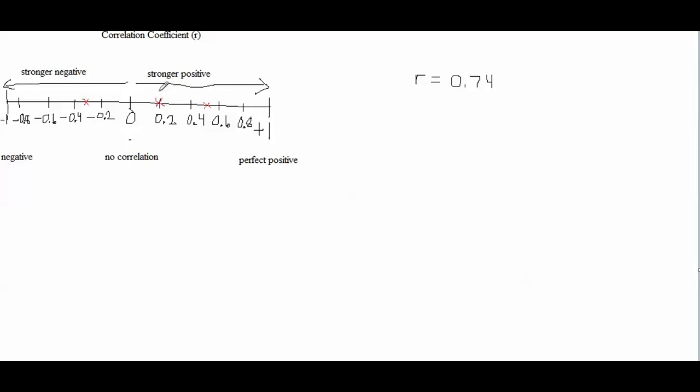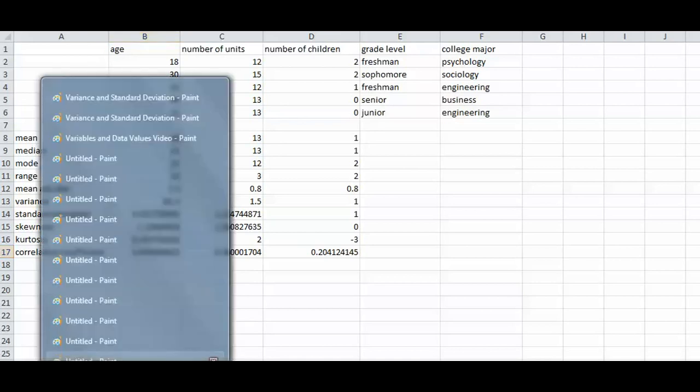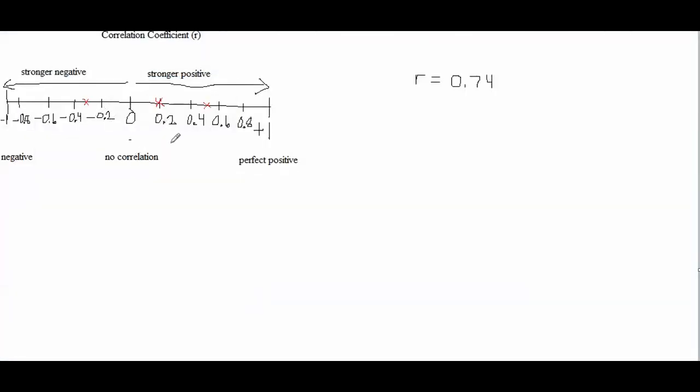So let's focus on these two positive correlations for a second. One of them was for age and number of units, and one was for age and number of children. No, I'm sorry. This one was for age and units. This one was for units and children. Let me check that again.